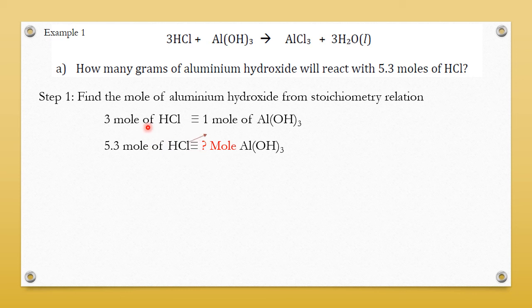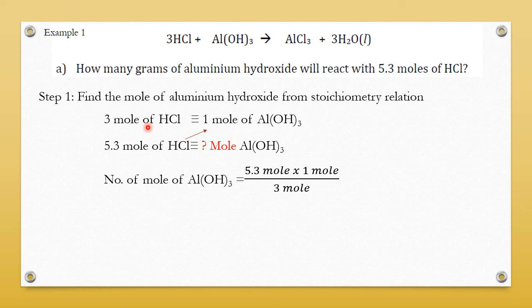So from the cross multiply, the number of mole of aluminum hydroxide is 1.767 mole. This means that 5.3 mole of HCl needs to react with 1.767 mole of aluminum hydroxide.